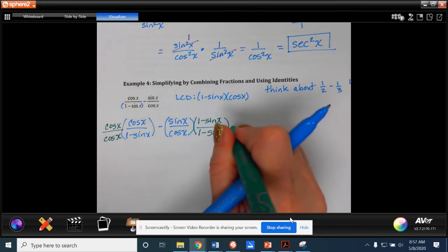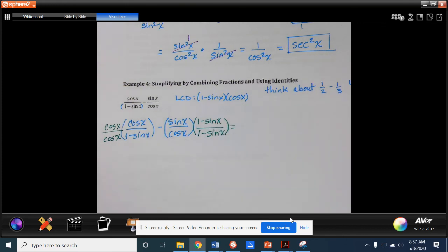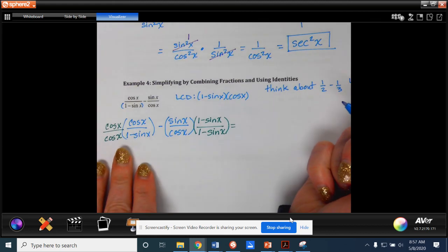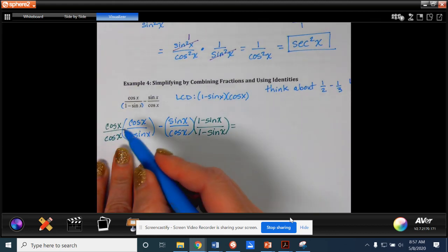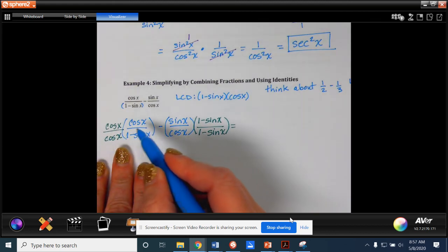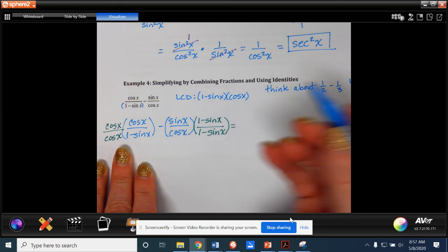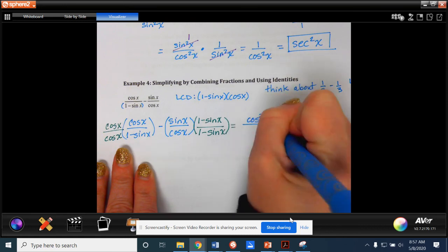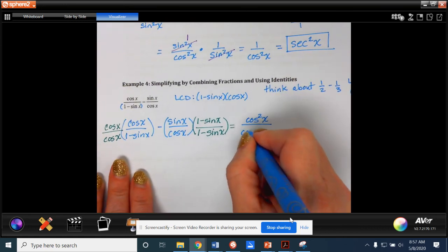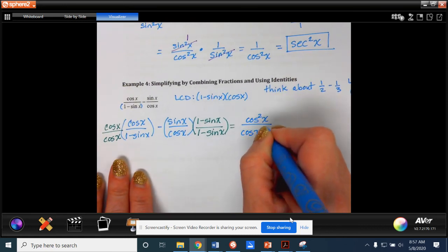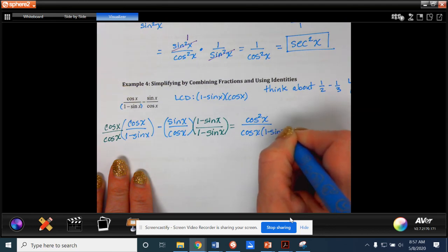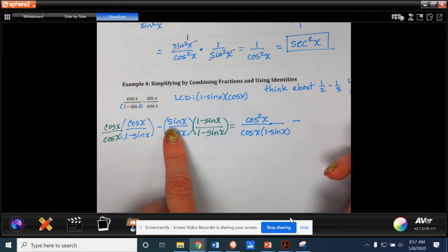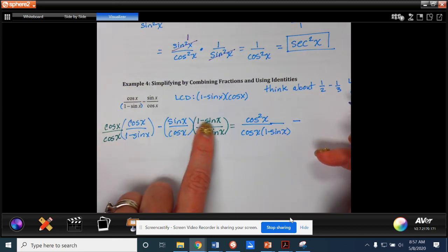Okay, so what happens with these? Well, left-hand fraction, just multiply the numerators. I have cosine times cosine. That's cosine squared. So I have cosine squared x on the first numerator, and on the denominator, I have cosine x times 1 minus sine x. I'm just going to leave it as that right this moment. And then on the right-hand side, I'm going to go ahead and multiply it through.